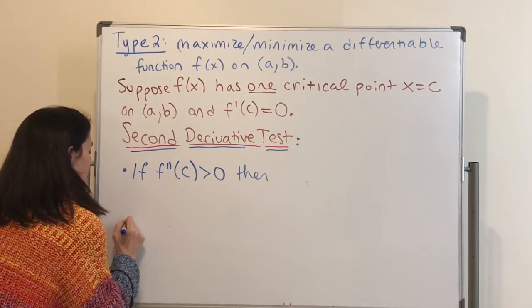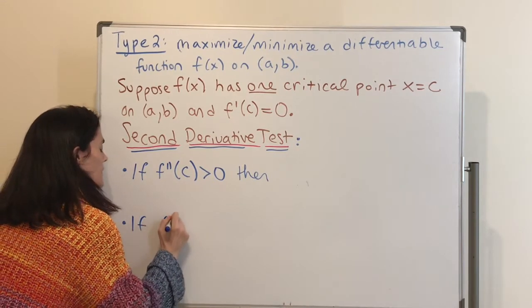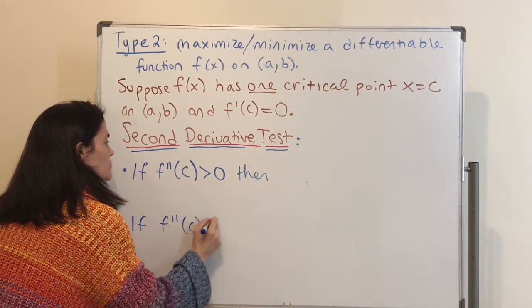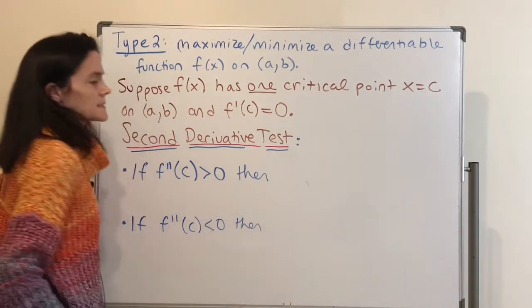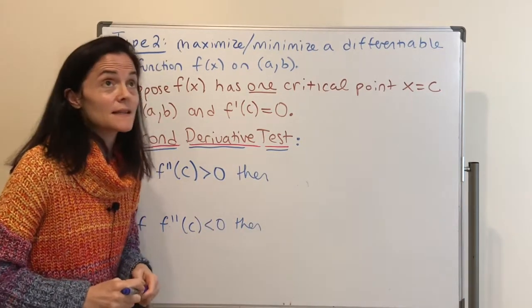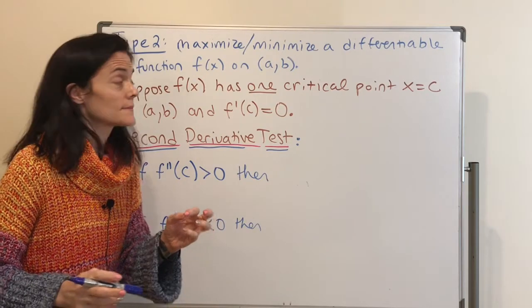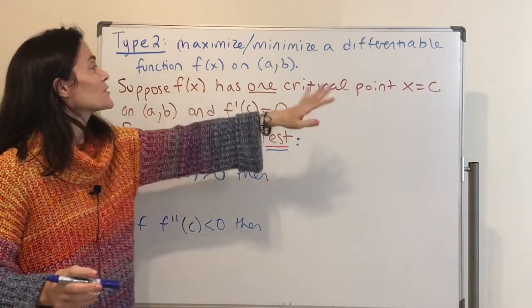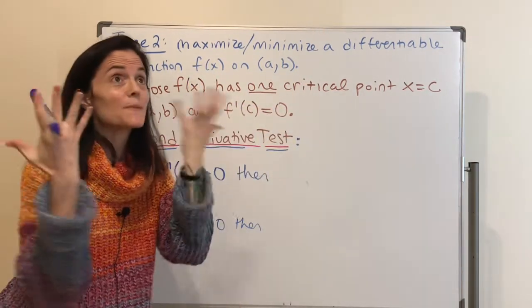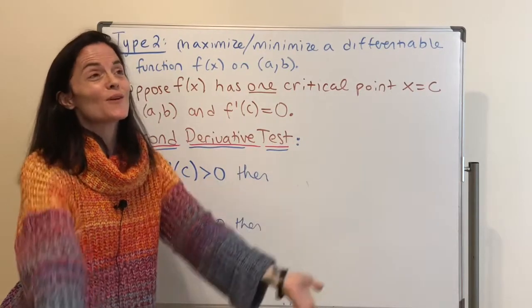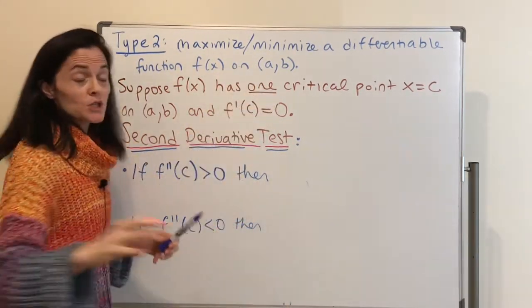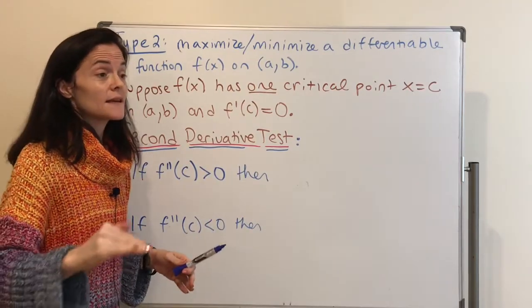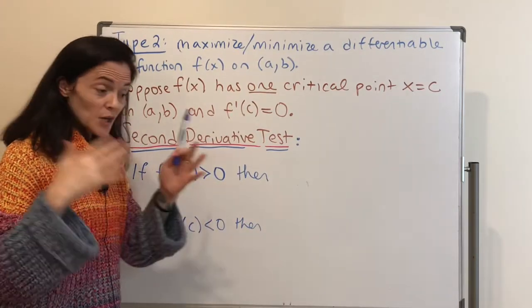And then the second part is if the second derivative at this critical point is negative, then, and we will make a statement. And as I mentioned, if you take off this one critical point part, the statement is about a local max or local min. But in this type 2 situation with just one critical point, we can then conclude we have a global or absolute max or min.